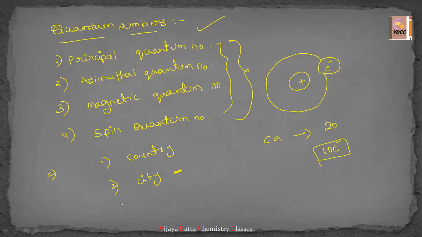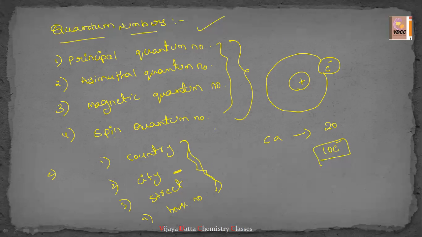And then in which apartment exactly that person is residing, that is, the house number. So if we want to search for one person, we should know at minimum these requirements: his country, his city, his street, and his house number.